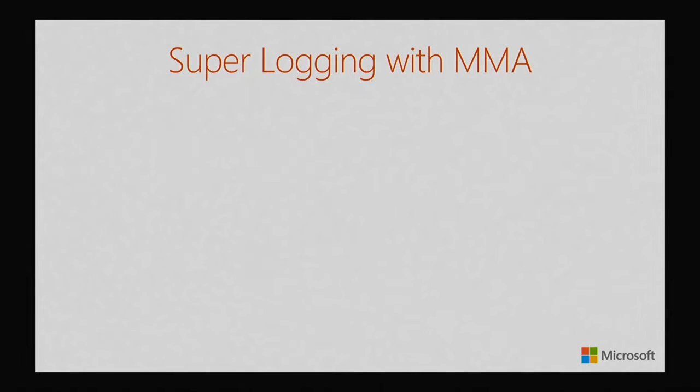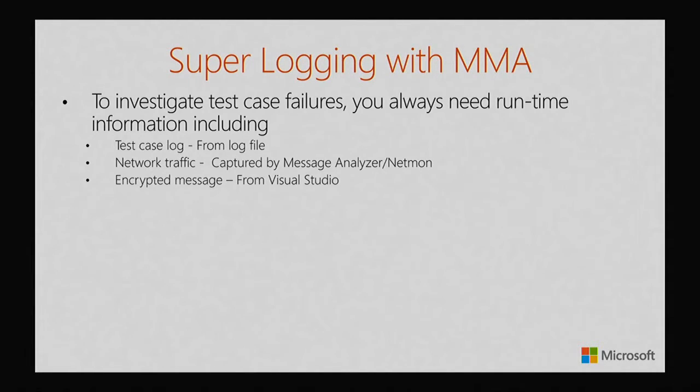So the third one is about logging. Previously, when we ran our test suite, if you encountered any test failures, we needed to grab three pieces of information. One is the test case log. The second is the network traffic, and the third one is the encrypted messages. For the test log, we need to use some text tool like Notepad or an XML reader to look at the test case log file.